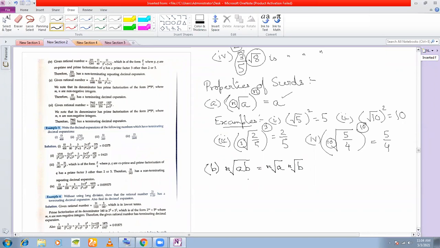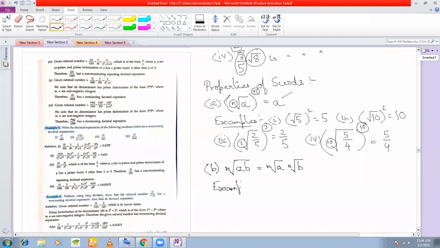We will not be dealing with surds of order 3 or order 4. We will only be dealing with surds of order 2, that is, square roots. So do not panic when I write nth root. If you put n equal to 2, you will get square roots. This is just for properties.